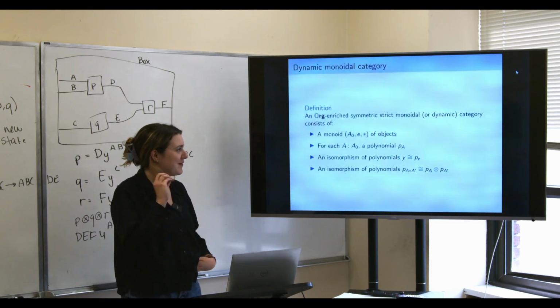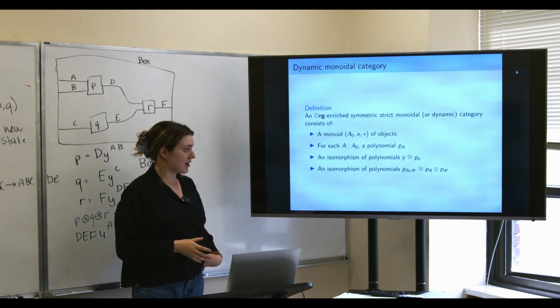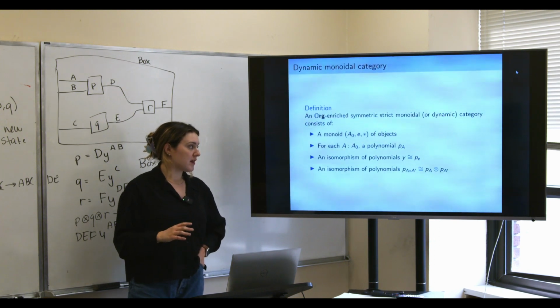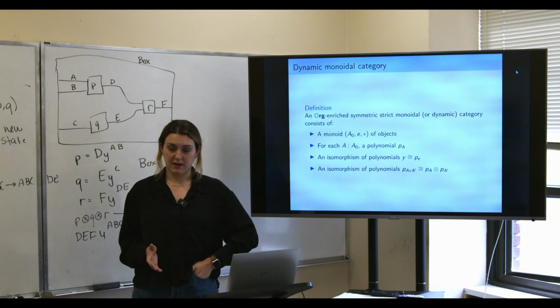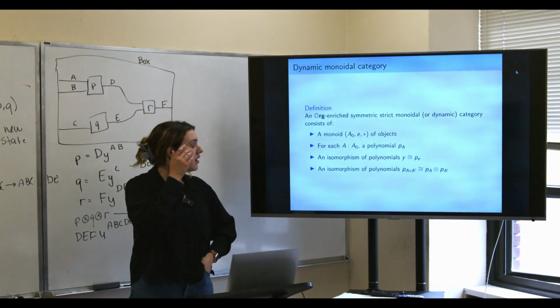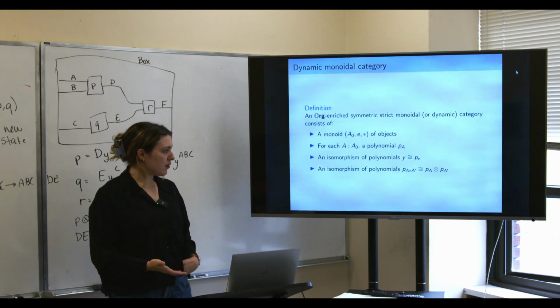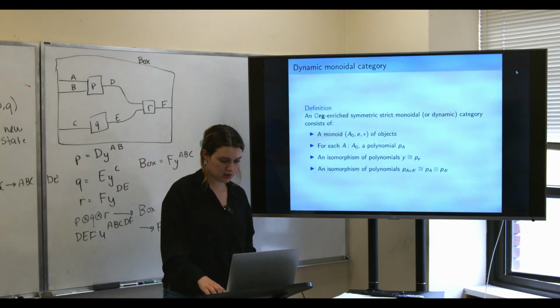So a dynamic monoidal category, or an Org-enriched symmetric strict monoidal category, say that 5 times fast, consists of a monoid of objects. To each object, we're going to associate a polynomial, such that we have an isomorphism of polynomials from y, which is the identity in Poly under this tensor, to the polynomial we give to the identity in our monoid, an isomorphism of polynomials that respects the monoidal structure.